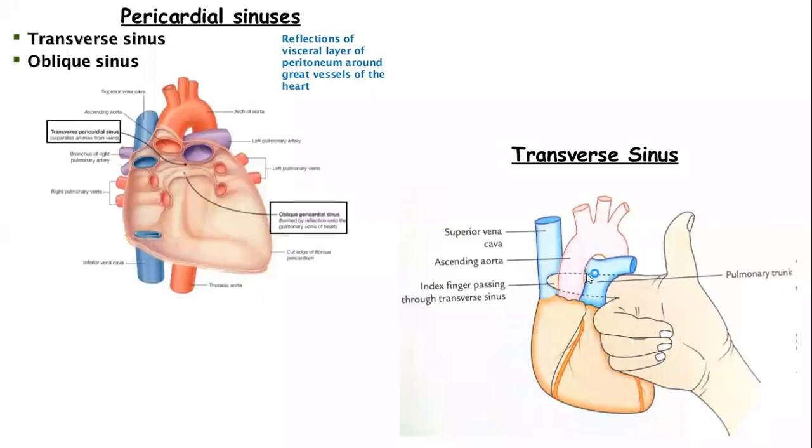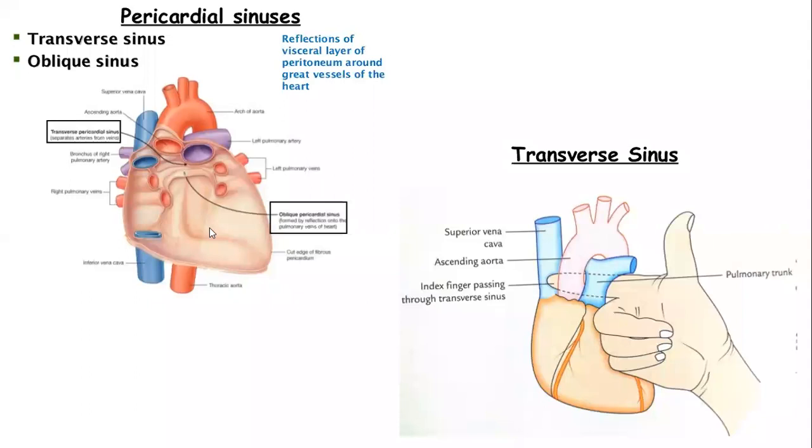Here, this dotted finger is shown. The dots mean the index finger is going behind the aorta and pulmonary trunk and in front of the pulmonary veins and superior vena cava.